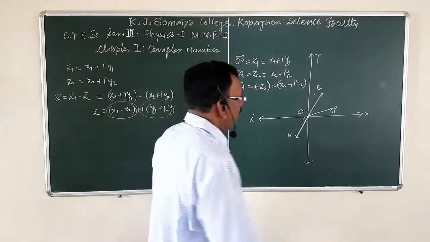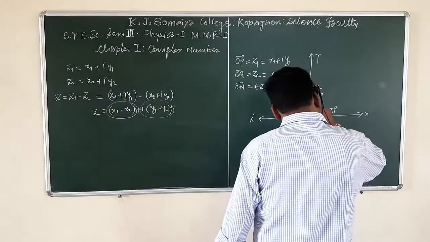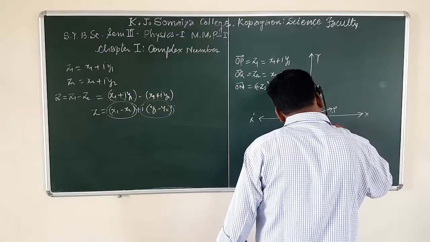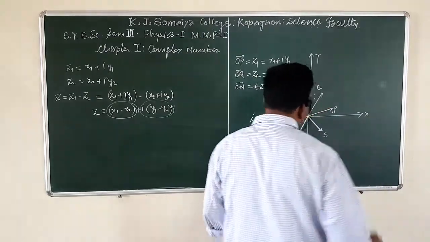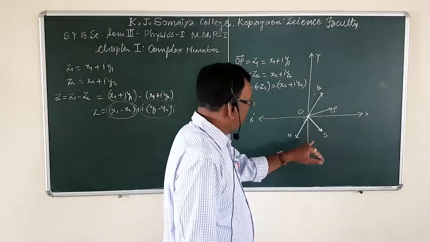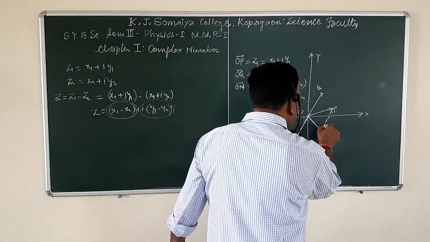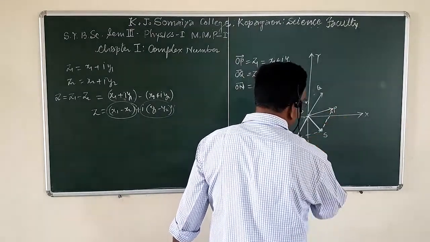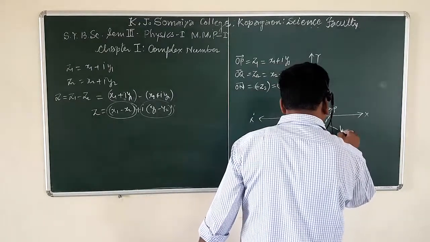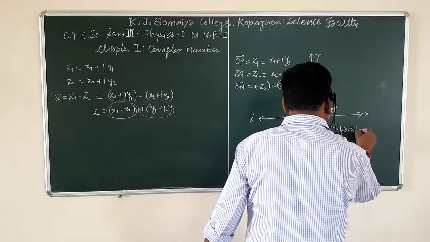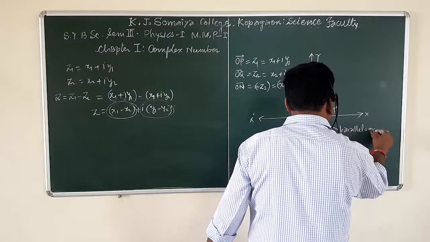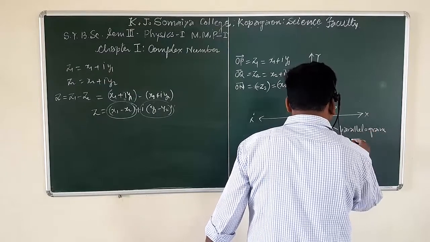Okay. Then these two vectors, suppose this is the vector OS which represents the difference, this is the parallelogram, that is OPSN.